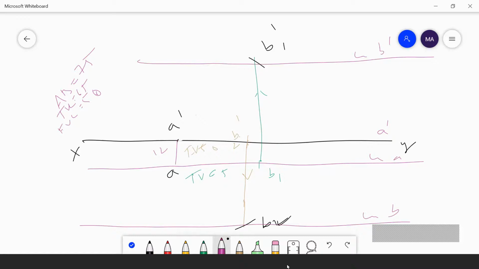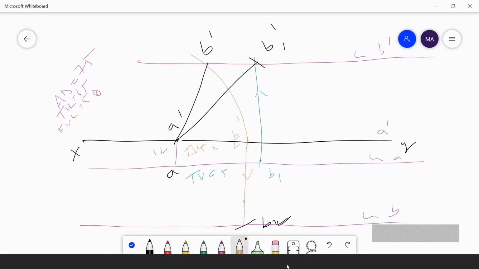After that, take A dash as a center and B2 dash as a radius, and I will draw an arc. Here I will get a point B dash. I will join these two, and I will join this one also: A dash B1 dash, A dash B dash.